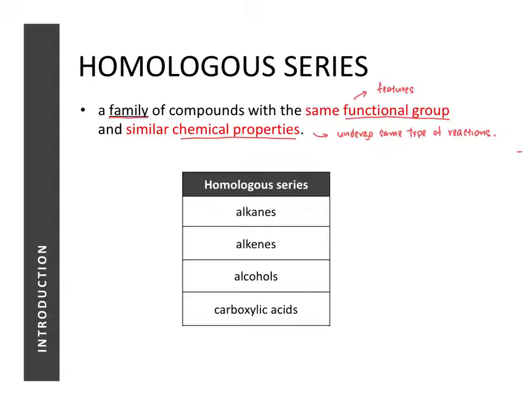Now in the syllabus, we're going to look at just 4 different families: the family of alkanes, the family of alkenes, the family of alcohols, and the family of carboxylic acids. These are the 4 homologous series that we're going to look at.